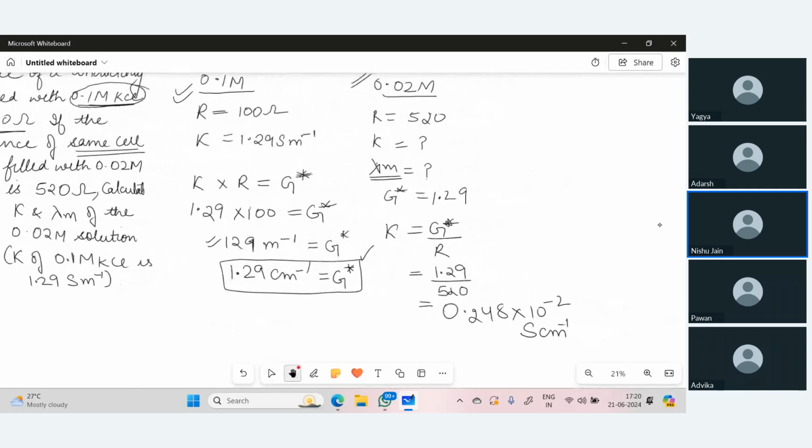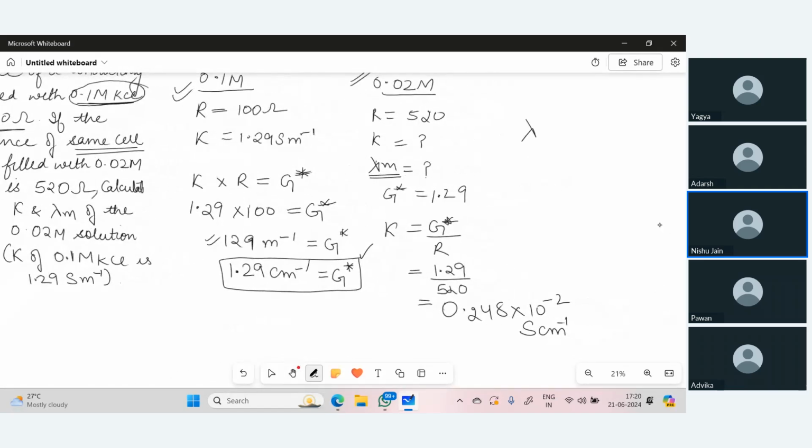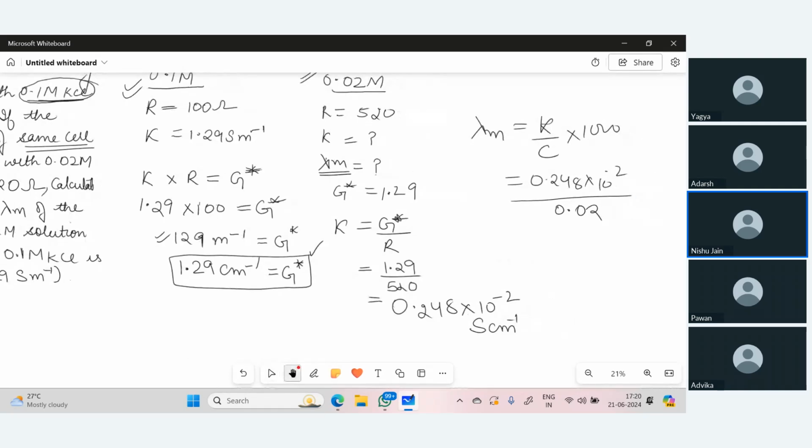Then similarly, you can find lambda m, which is kappa by C into 1000. Kappa is 0.248 into 10 raised to power minus 2, by 0.02 concentration, into 1000.